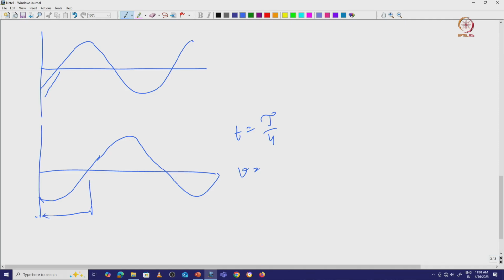Now if you try to plot this one again, if you go to the previous page, you know where the lambda by 4 is, then lambda by 2. Here also you can see that there is a shift, this one will be your lambda by 2, right. Now you want to plot this one in your diagram. Again you have to draw a circle.